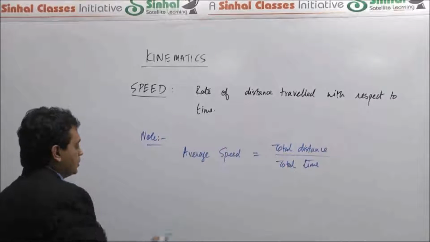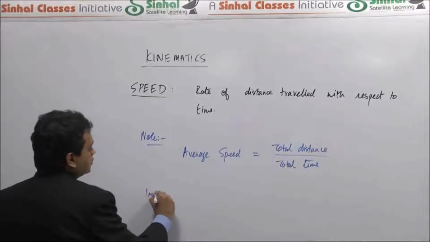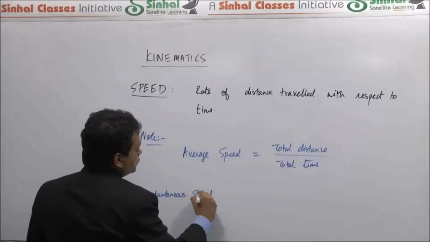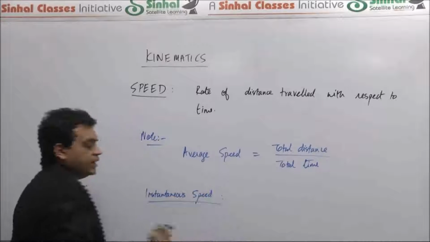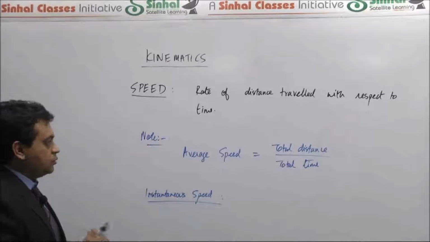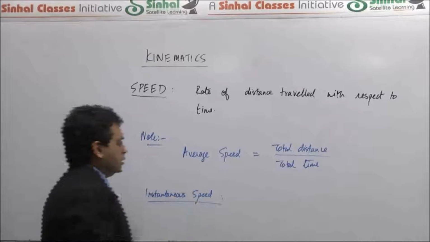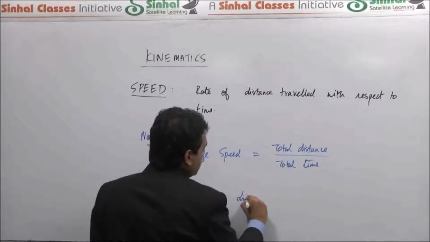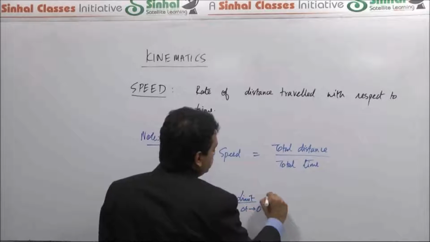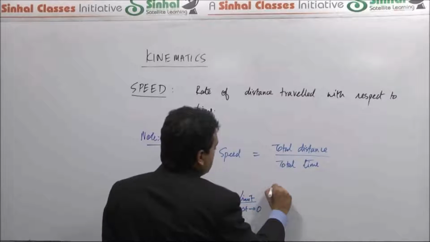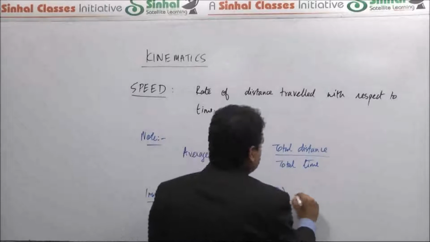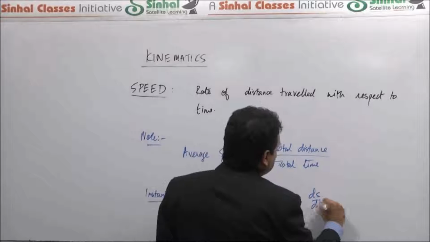But when we talk about something called instantaneous speed, instantaneous means at a particular instant. So we are talking about a very small interval of time. So we would say it is limit delta t tending to 0 of delta s by delta t, that is ds by dt.